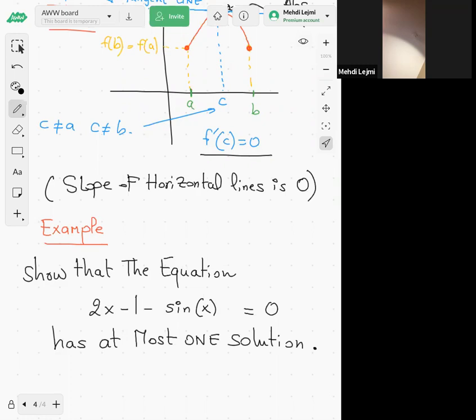When I say at most one solution, it means that it cannot have more than one solution, so it cannot have 2 solutions or 3 solutions, etc. In other words, it cannot have more than one solution.